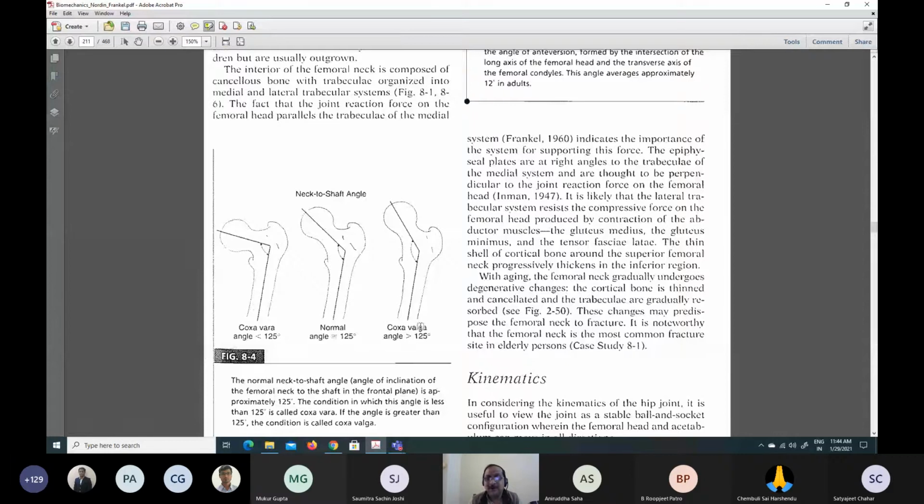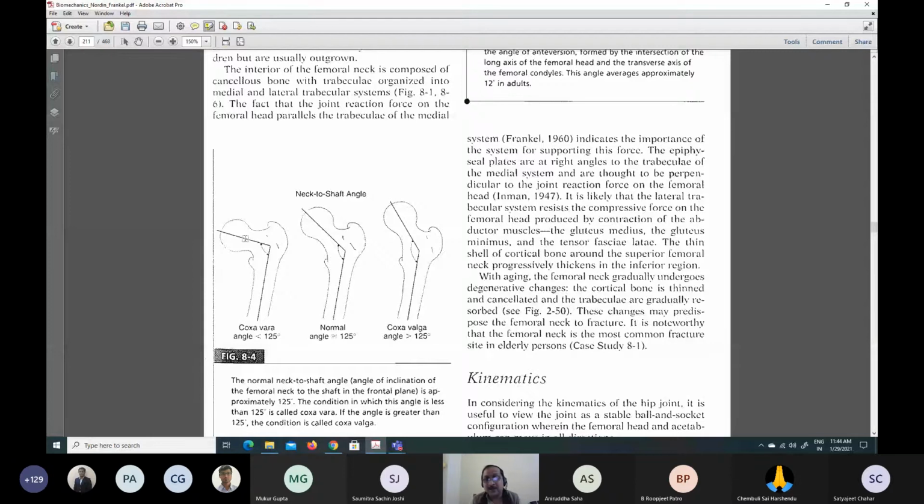Varus deformity, and you can also have a steeper neck shaft angle, more than 125, 130 degrees. So the femur neck, or the head, is more erect with respect to the femur shaft. That is called a valgus deformity.